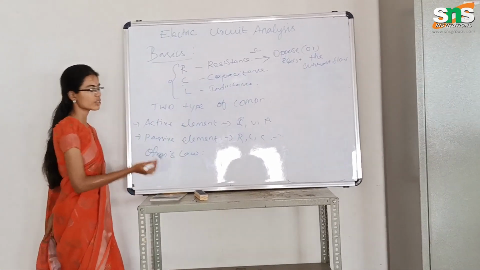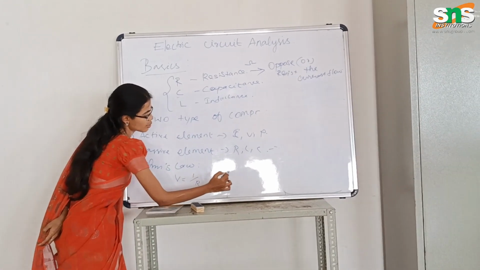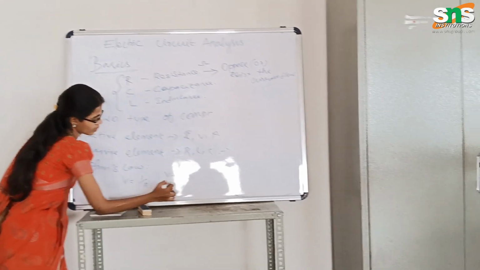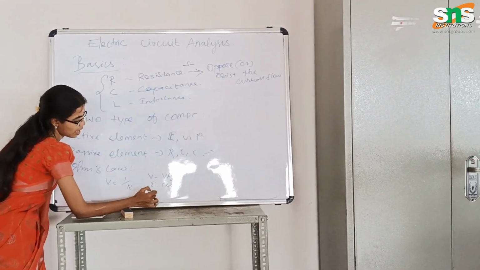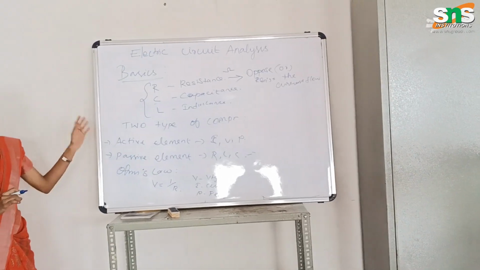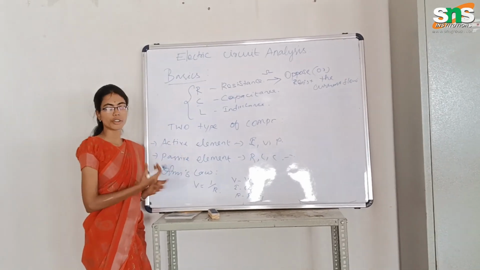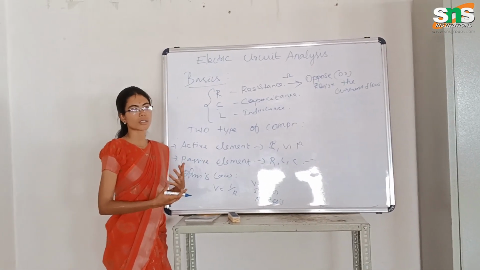We know that Ohm's law is V is equal to IR, where V is your voltage, I is your current, R is your resistance. Combinedly, these components are included in a circuit to perform some operations.